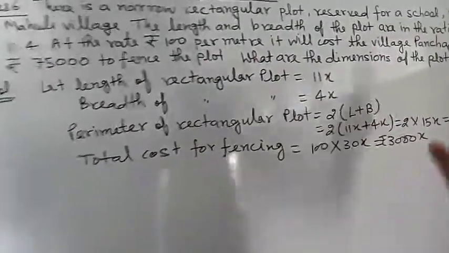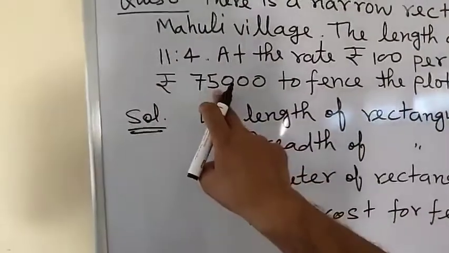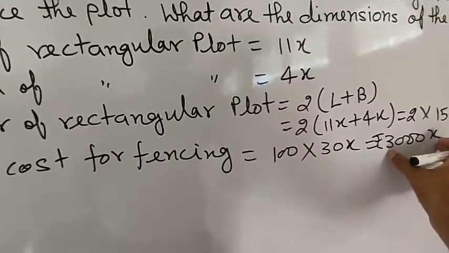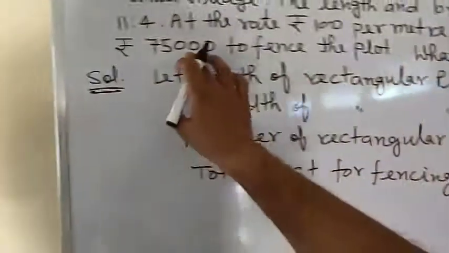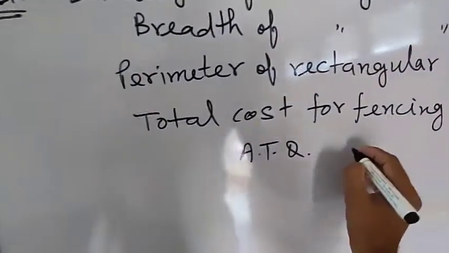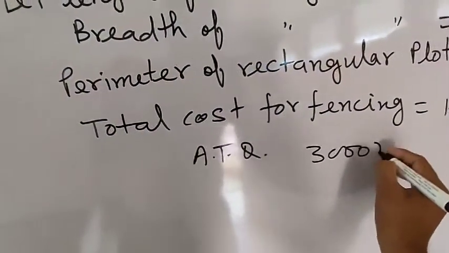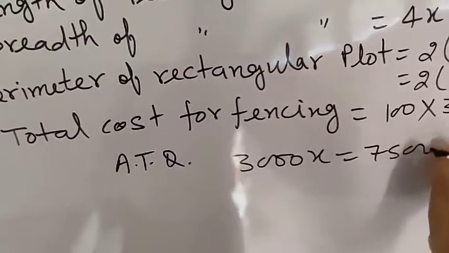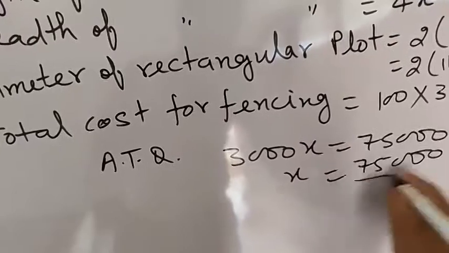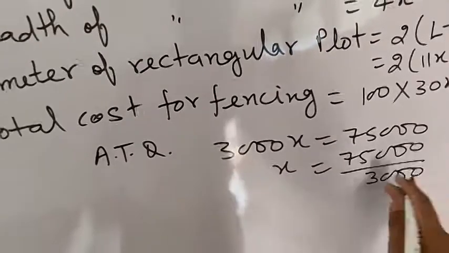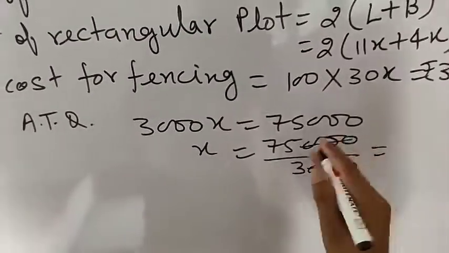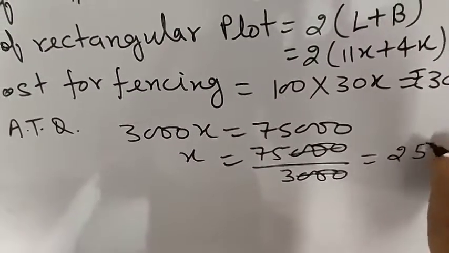Now in the question it is given that the total cost was rupees 75,000. It means rupees 3000x is the total cost, so it will be equal to 75,000. So according to the question, 3000x equal to 75,000. Then x equal to 75,000 divided by 3000. So the zeros will be cancelled, and 75 upon 3 equal to 25.